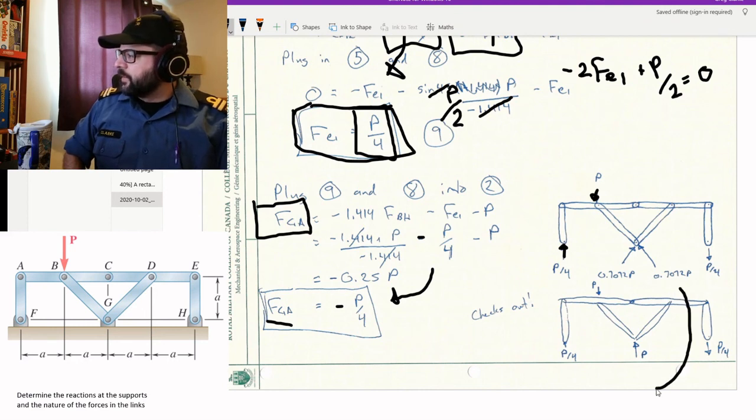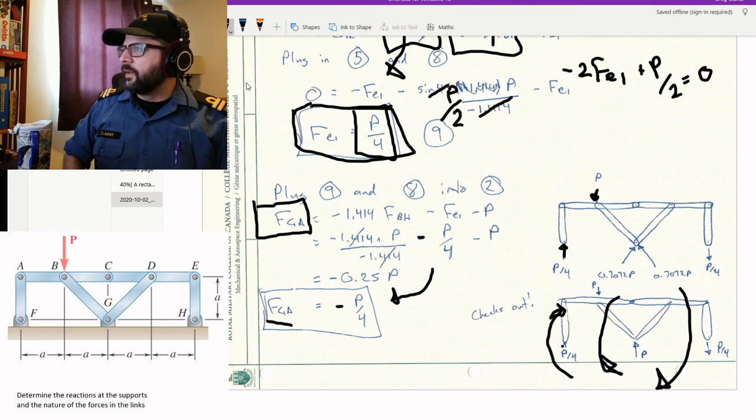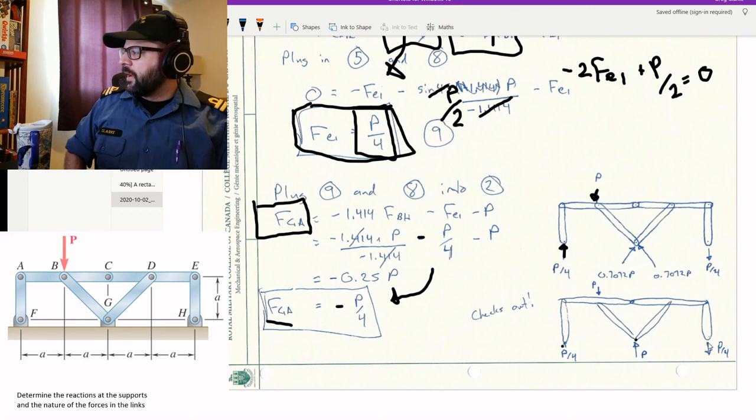And then that'll be counteracted by the moments caused by the forces at the other ends. So this one here is going to be causing a clockwise rotation, and this one here is also going to be causing a clockwise rotation, counteracting the one caused by P. The magnitude of each: for this one, P over 4 times 2A gives us PA over 2.